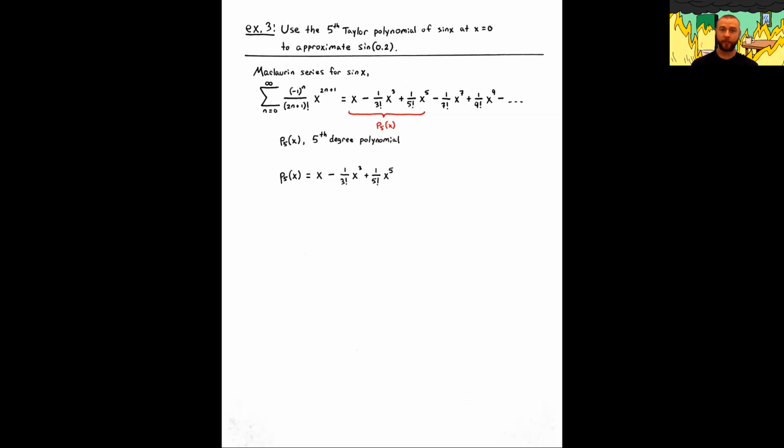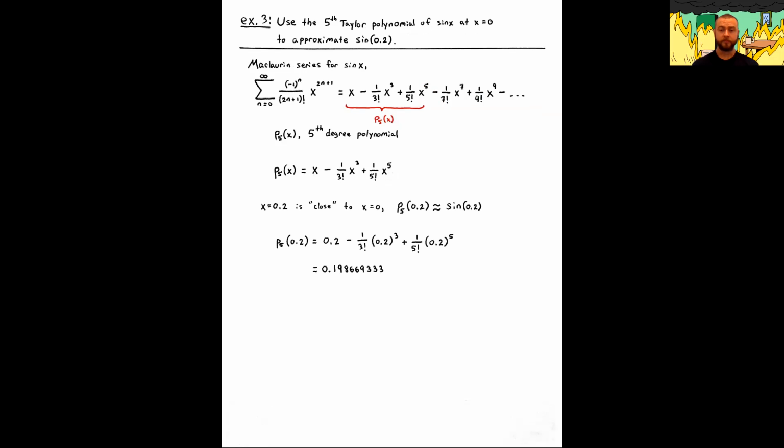And if you take a look at what we're approximating, sine of 0.2, your input, 0.2, that's sufficiently close to 0. All right, so what we should find here is that this fifth Taylor polynomial, evaluated at 0.2, should be pretty close to sine of 0.2.